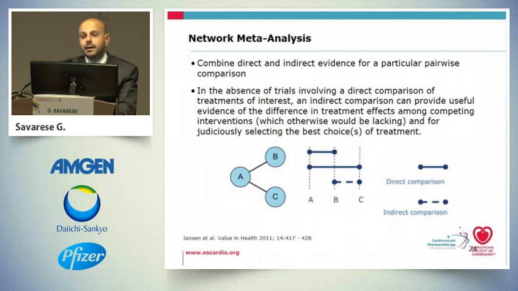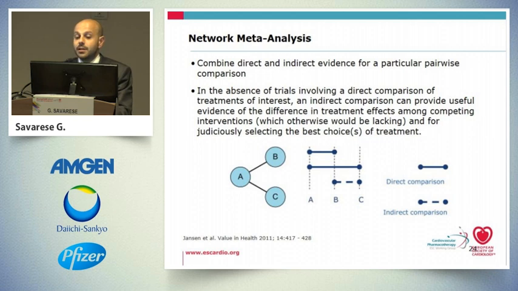Network meta-analyses are becoming quite famous, actually. If we have a study comparing treatment A with treatment B, and another study comparing treatment B with treatment C, for example, we can actually perform an indirect comparison between A and C. This is what a network meta-analysis does.